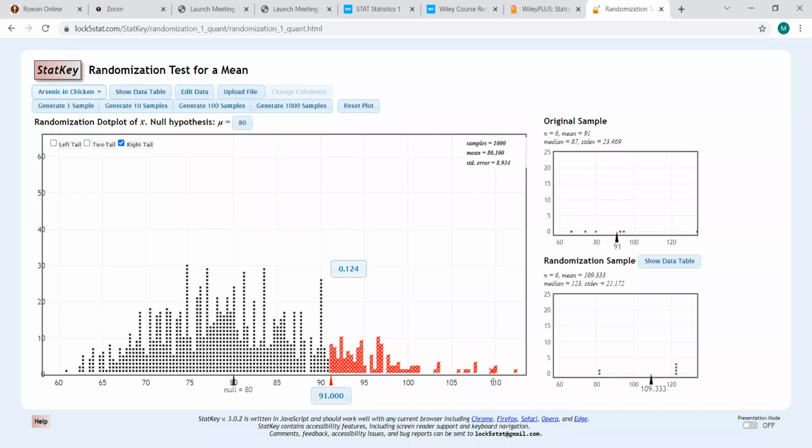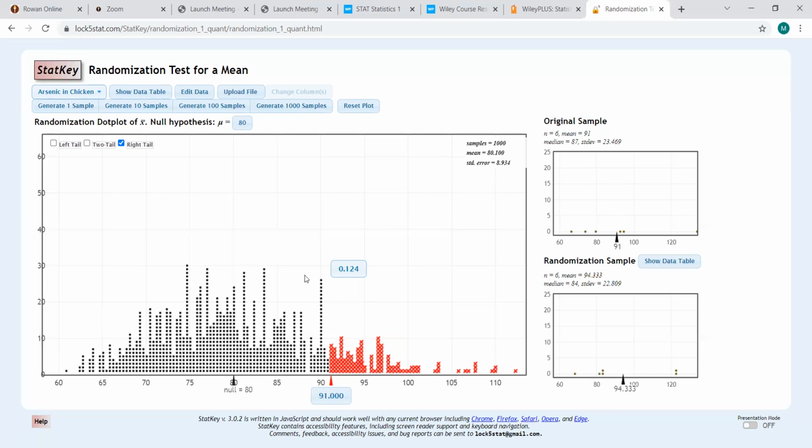Now, interestingly enough, given the data here, look at all the red X's. Out of the 1,000, 124, or 12.4%, of all the samples of size 6 have at least 91 parts per billion as the average arsenic level in their chickens.